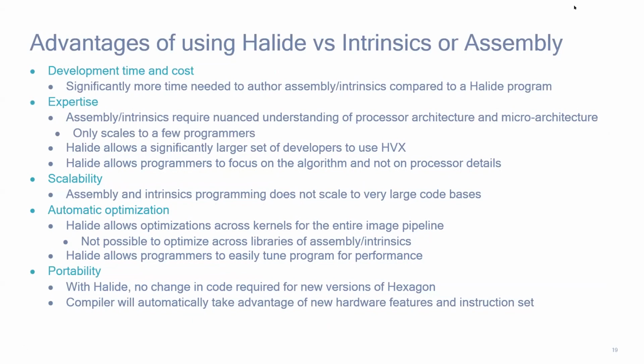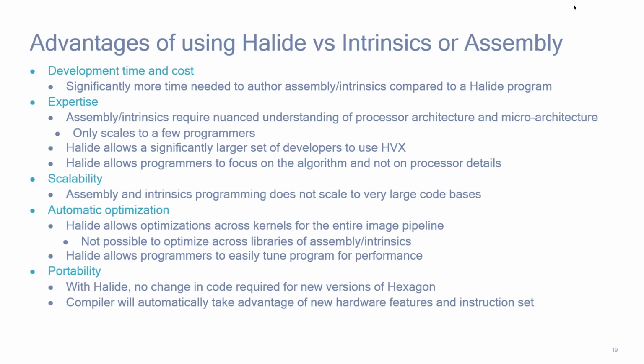So, advantages of using Halide versus intrinsics or assembly. Development time and cost: significantly more time is needed to author assembly and intrinsics compared to a Halide program. For assembly and intrinsics programs, the engineer has to understand the underlying architecture perfectly, and very few people can be experts in both architecture and the domain.